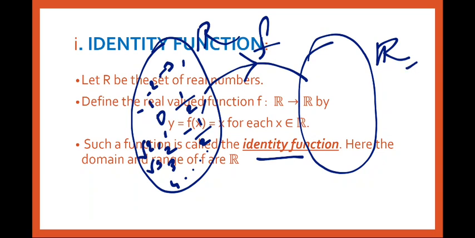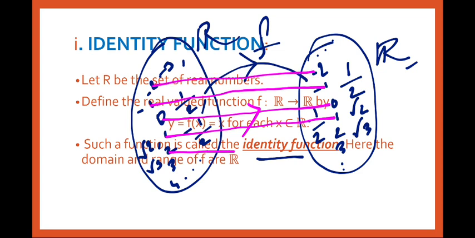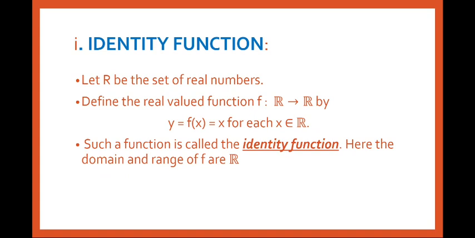Similarly, this real number set also contains 0, 1, 2, 3, minus 1, minus 2, half, minus half, root 2, root 3. So here f sends 0 to itself, 1 to itself, minus 1 to itself, minus 2 to itself, 2 to itself, half to itself. This type of function is called the identity function.